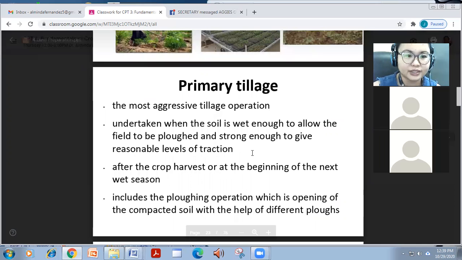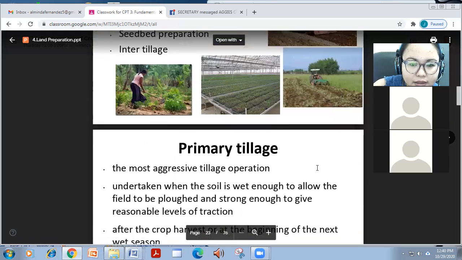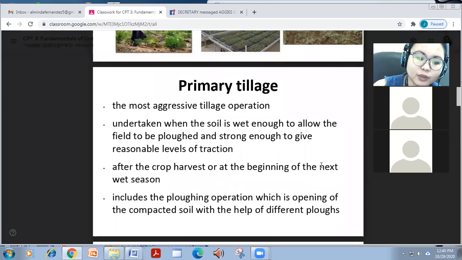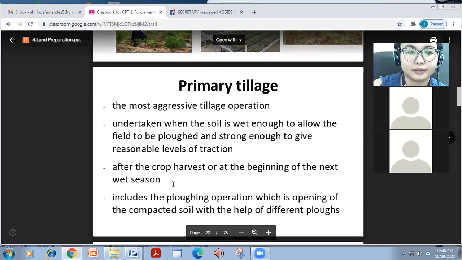That's why you still need that even in the upland. But for the wetland, you really need flooded soil. In the upland, you have to wait for rainfall to happen, and after 1 to 2 days, it would be ready for plowing.